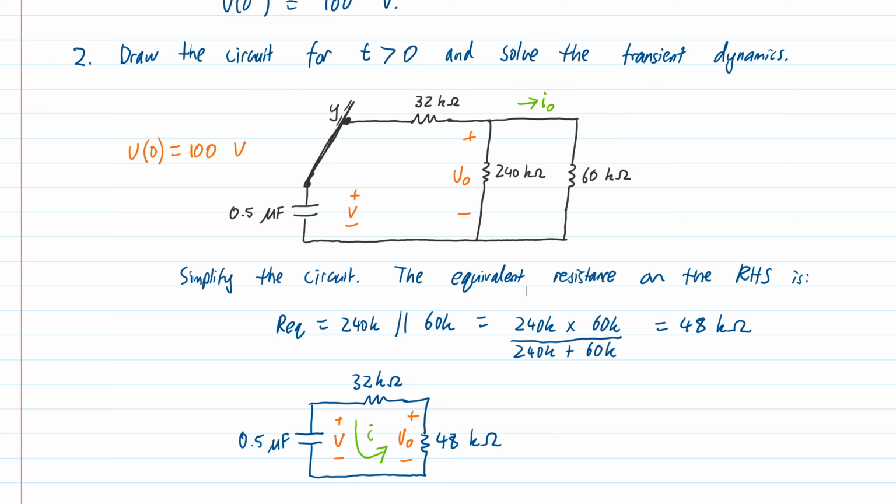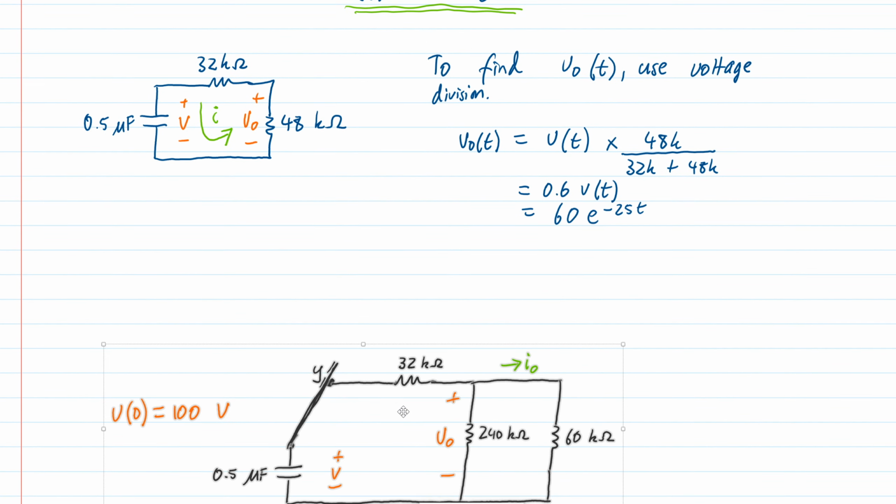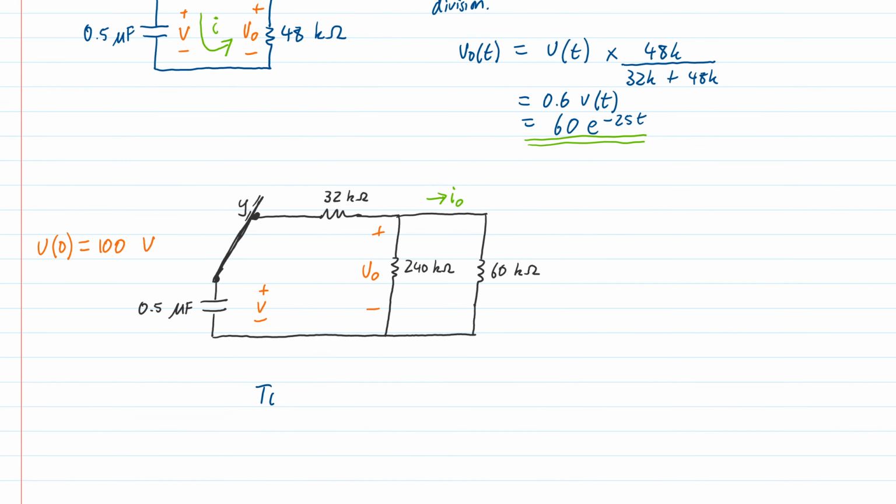So let's just copy that circuit so you can see what I'm doing, and I'll just use Ohm's law to calculate that one. So I'll just underline this was my final answer for V0. Then to find I0, use Ohm's law.